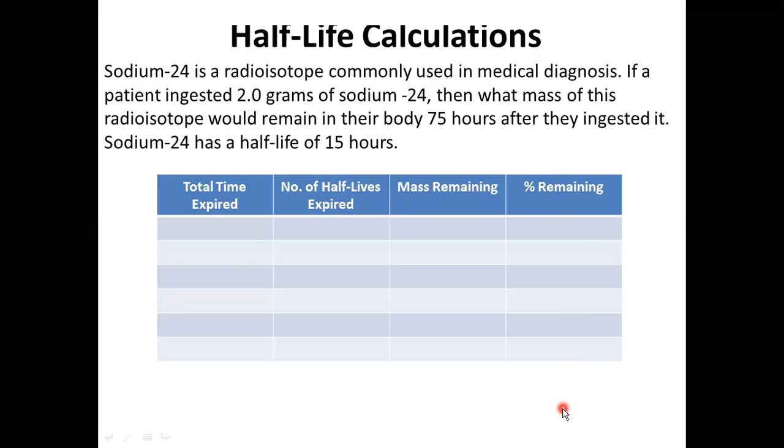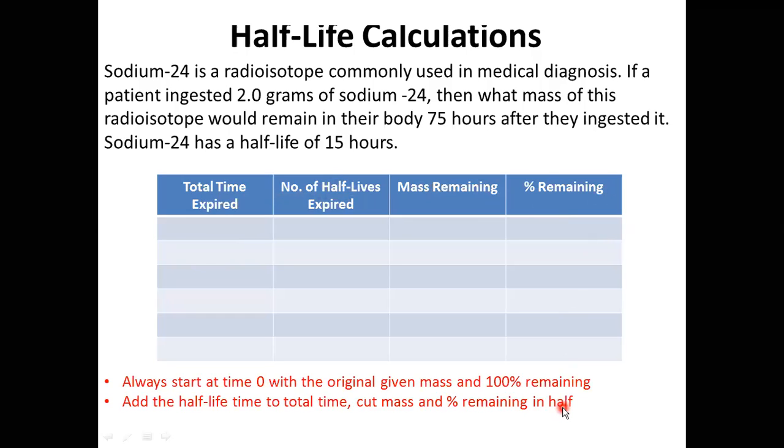To get started, we always start at time 0. The total time expired when we start, we will always put 0 here. And we always start with the original mass. We read for the words for a mass given. It says here, a patient ingested, which means they ate or drank it, 2 grams. There's your mass, 2 grams.